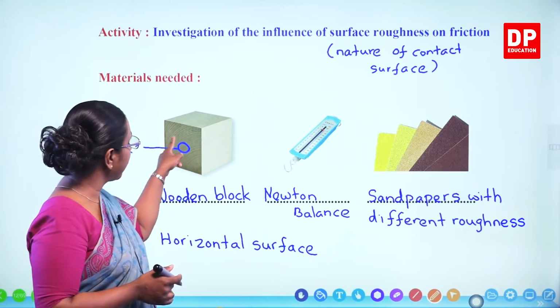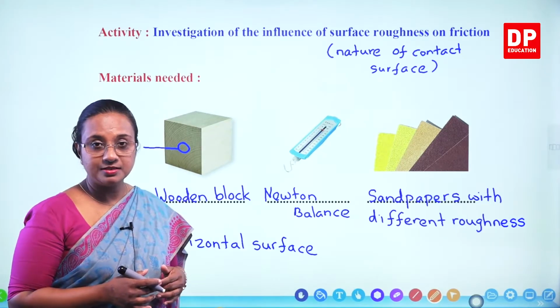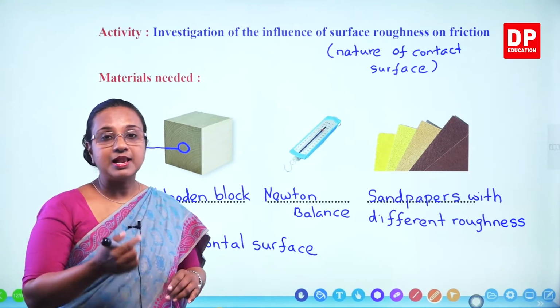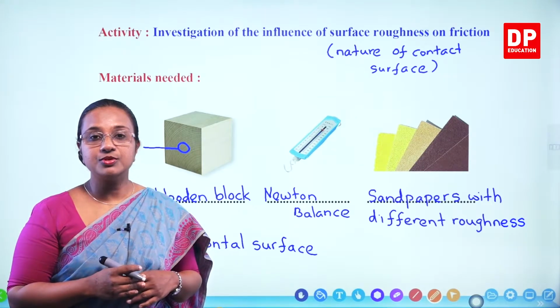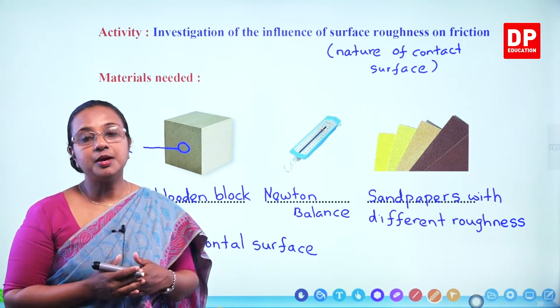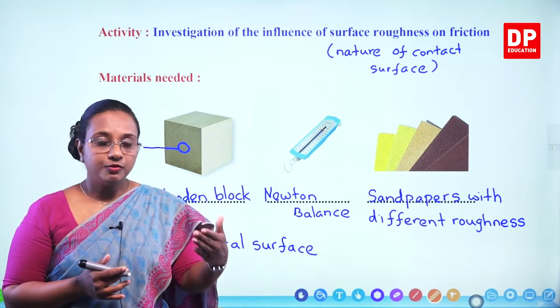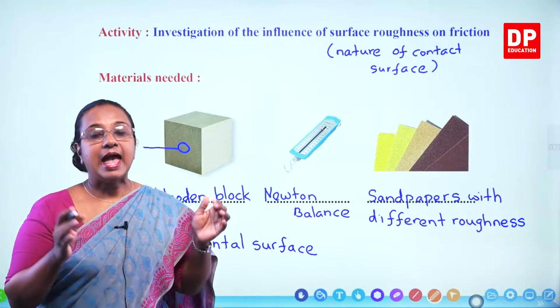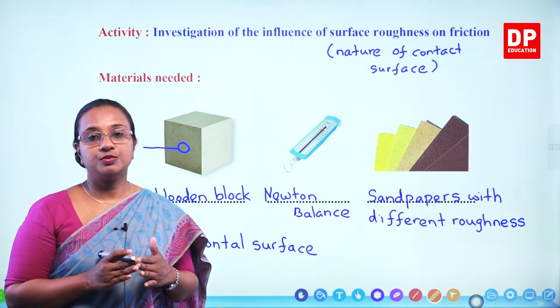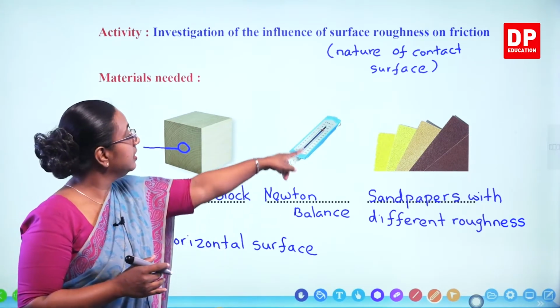And already we have a hook attached to it. You fix the Newton balance to the hook and we apply a small force and try to pull the block. It won't move. We increase the applied force and as the block starts to move, we write down the Newton balance reading.